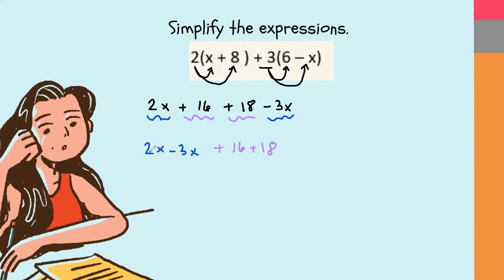And now I simplify. So I have 2x minus 3x. This is going to give me minus x, or minus 1x. And I have positive 16 plus positive 18, and this will give me a positive 34.